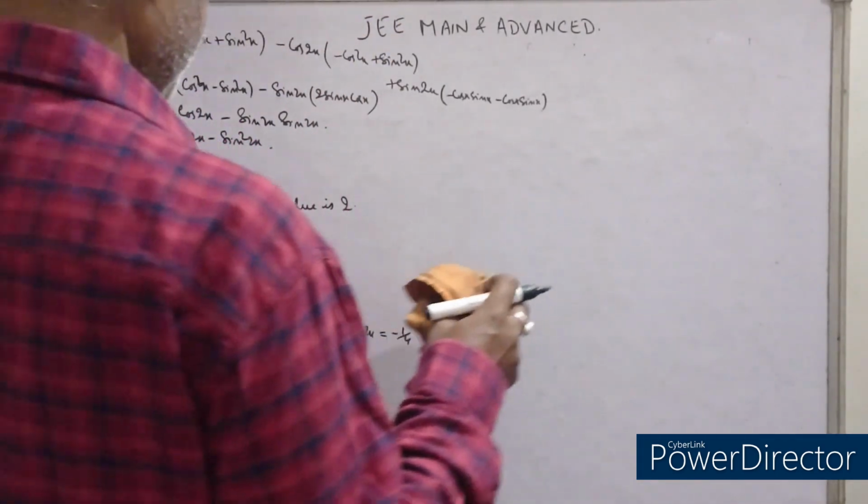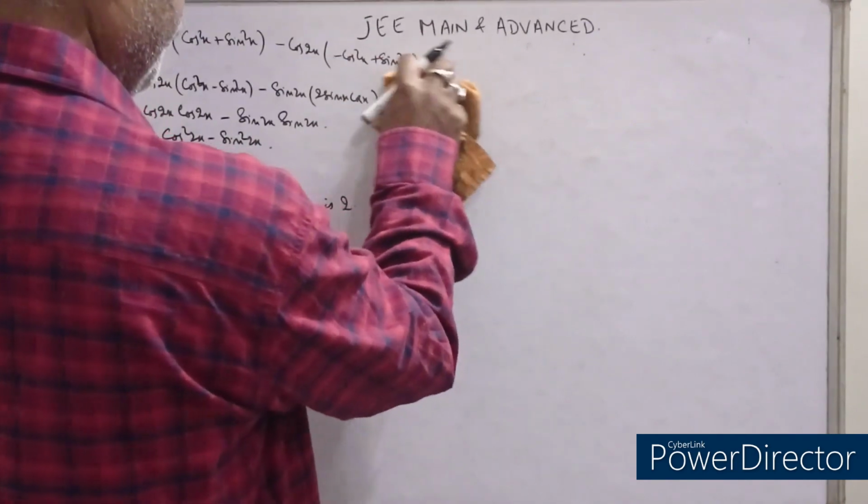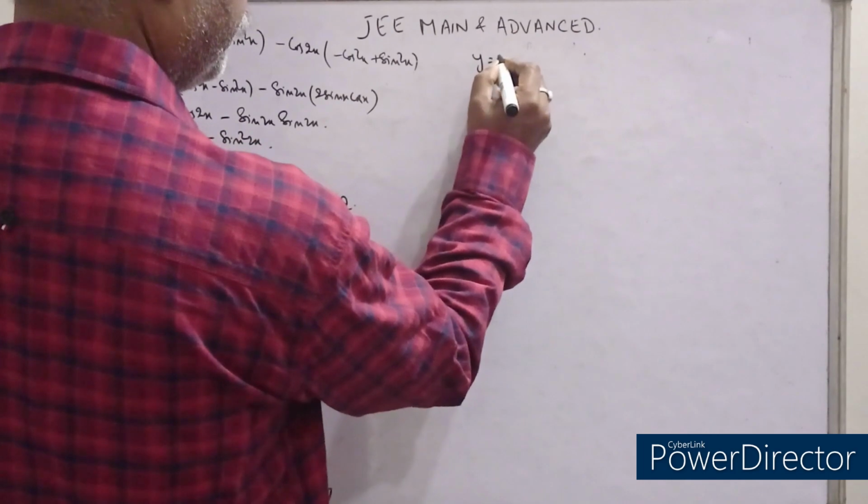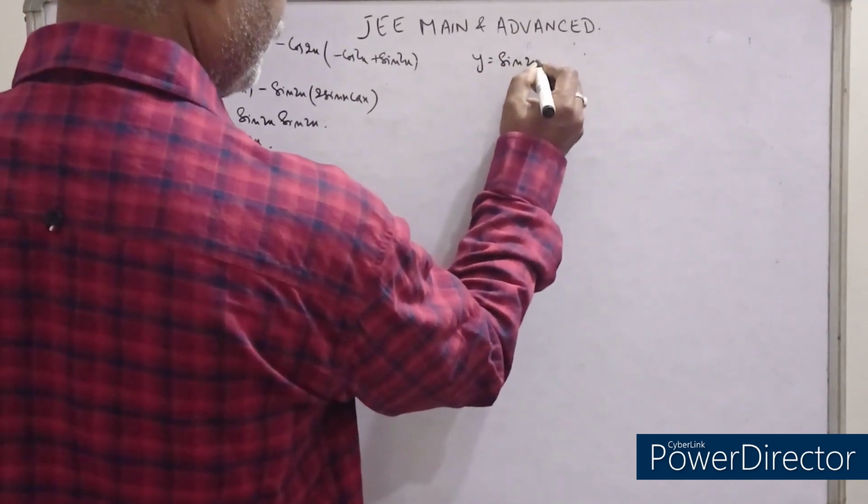For y is equal to sine 2x, let me draw the graph. That is y is equal to sine 2x. The graph.